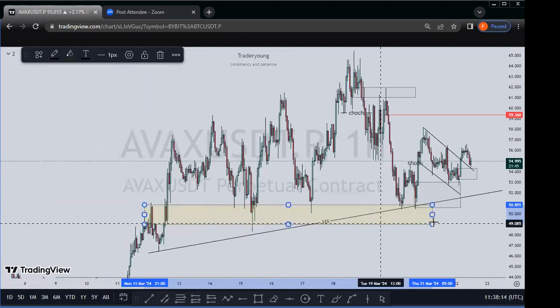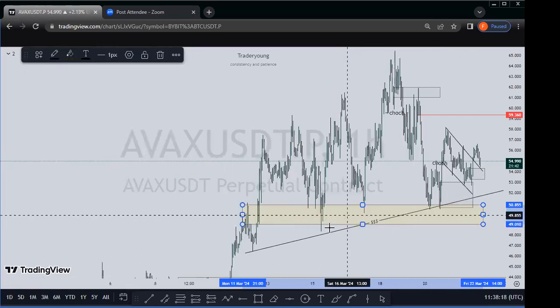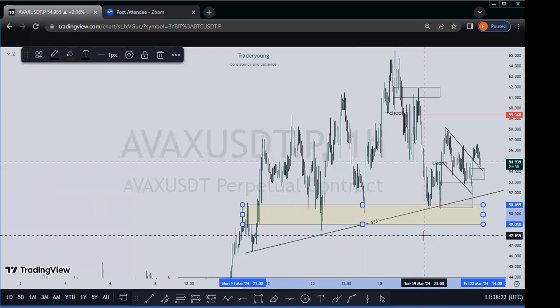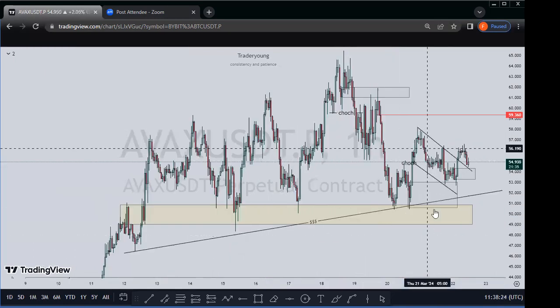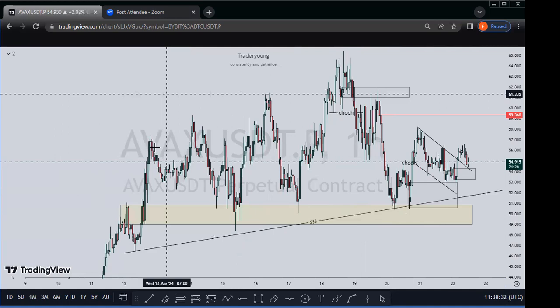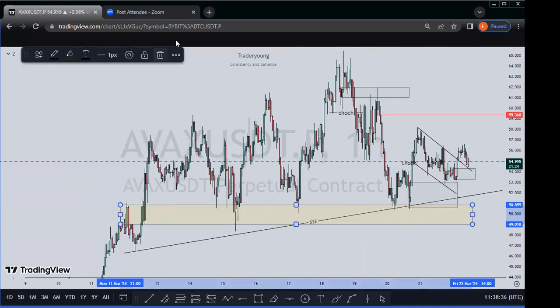You can see this. First touch, second time, third time, and we have this pushback to the top again, right? So still aligning with everything happening, showing us that we might still go bullish for some time.